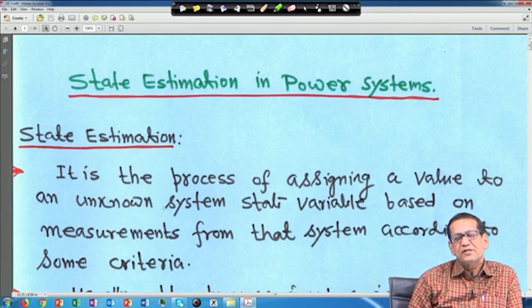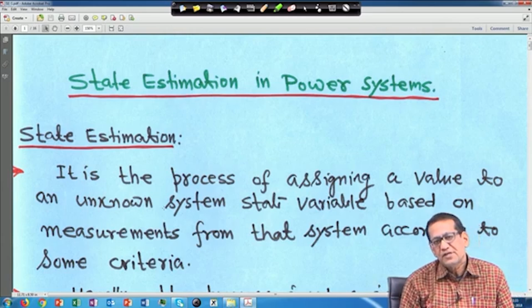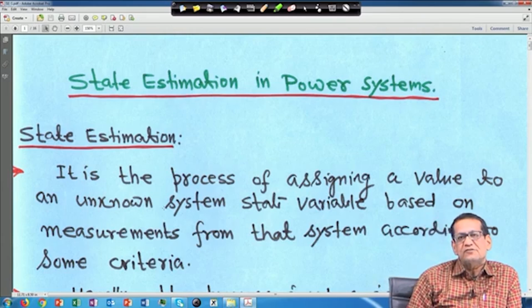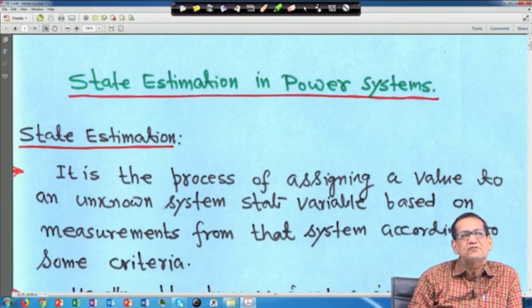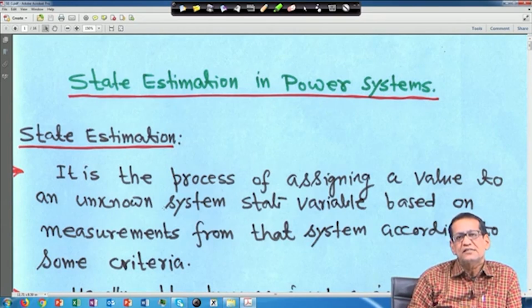When you try to take readings of a wattmeter, voltmeter or ammeter, you will find the pointer oscillating around some point, around the exact reading, but ultimately whatever reading you take is not a correct one, because measurement error is there.